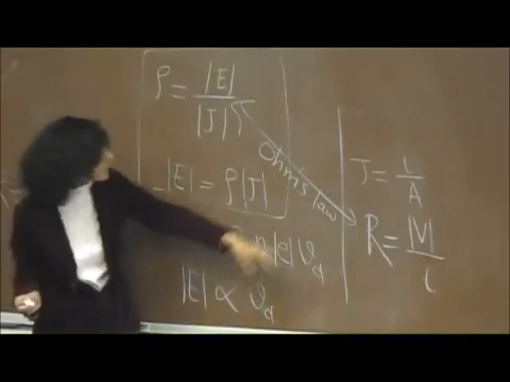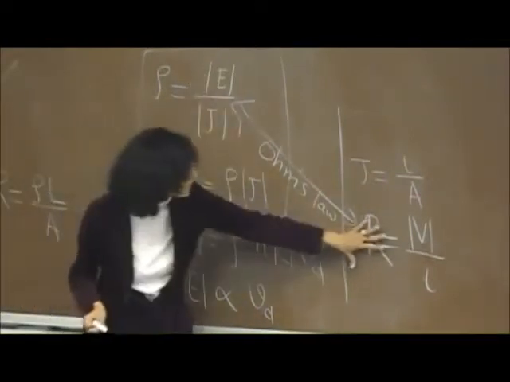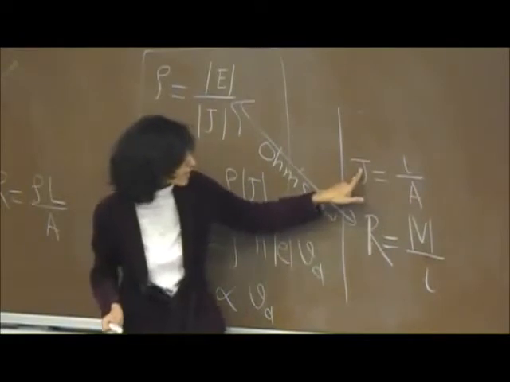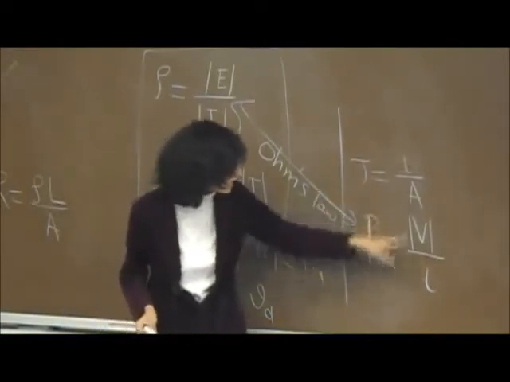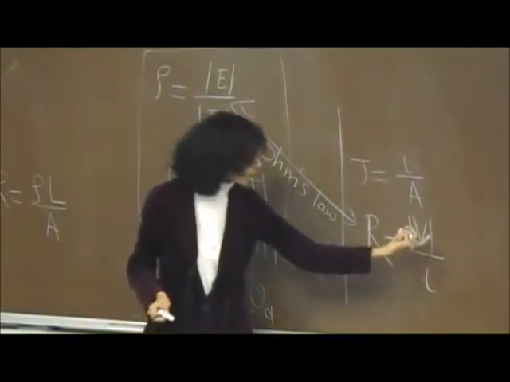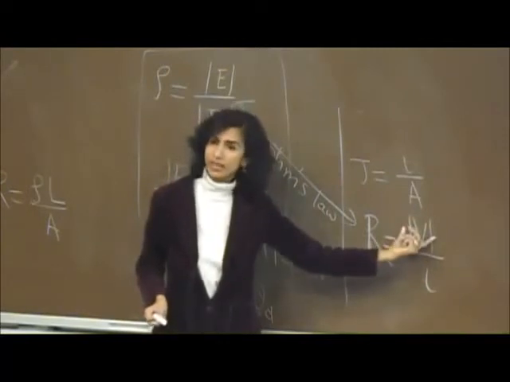And in fact, we obtained this by making use of the fact that we can write I is equal to J times A, and we can write V in terms of the electric field, right?